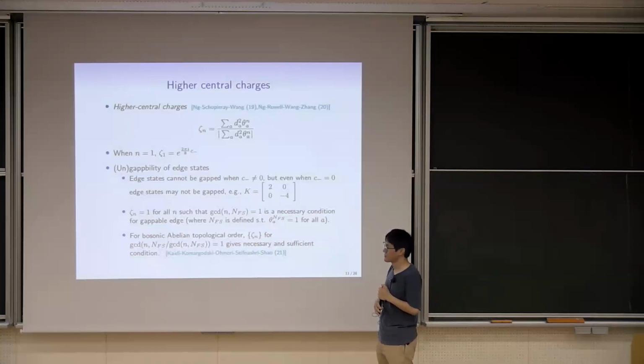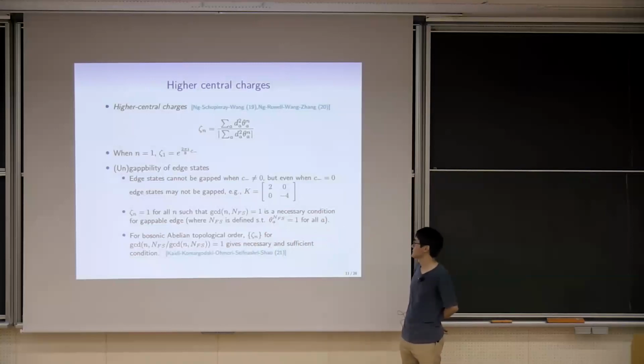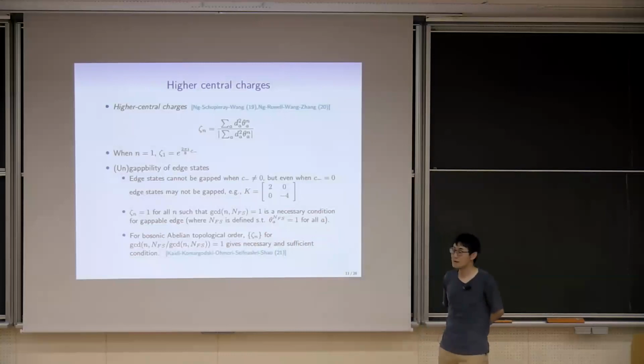The question? So in the n equals 0 case, you have the total quantum dimension. Right, that appears in the topological entanglement entropy. True. Maybe this is related to some higher version of topological entanglement.